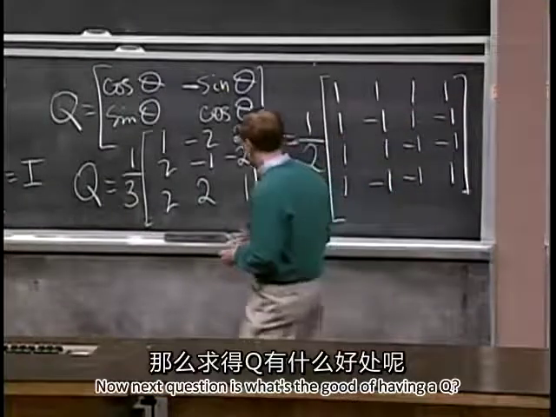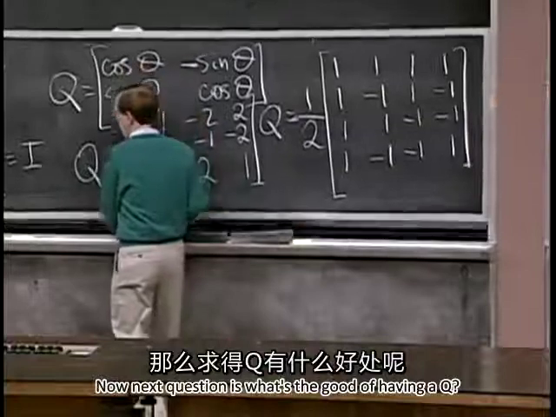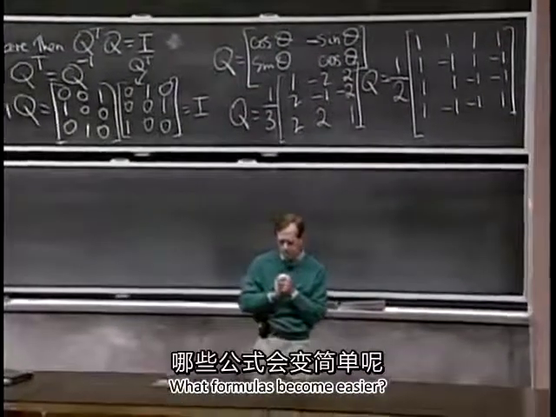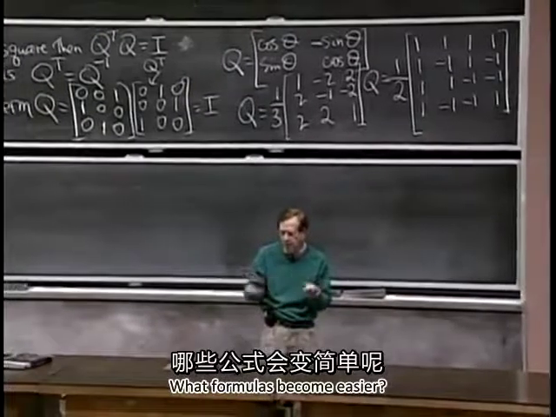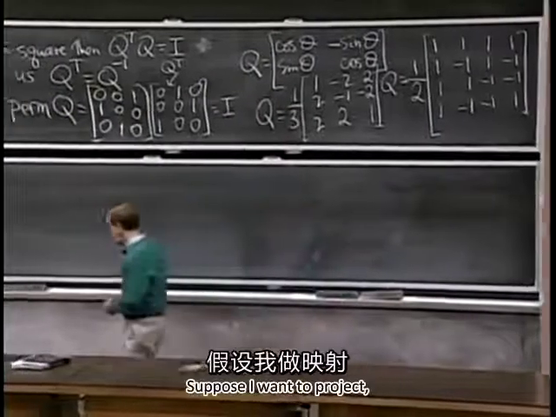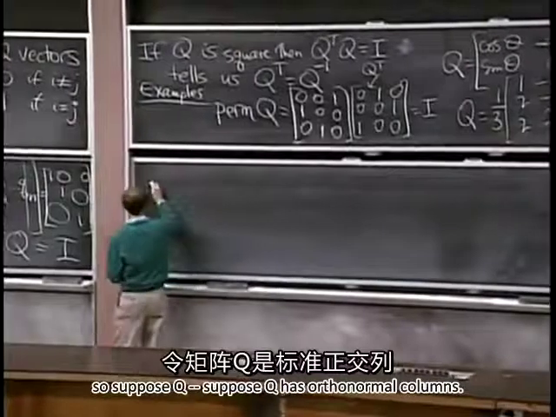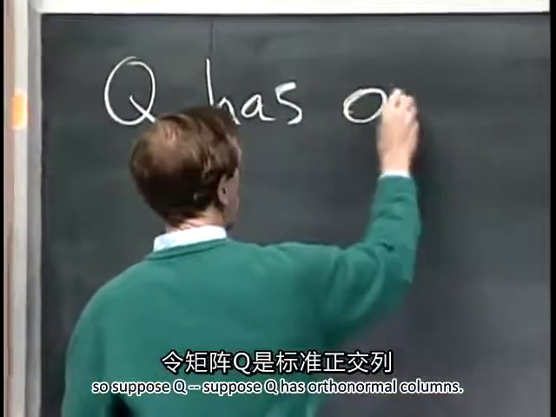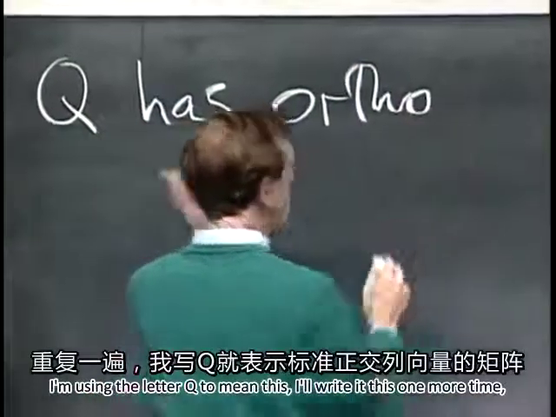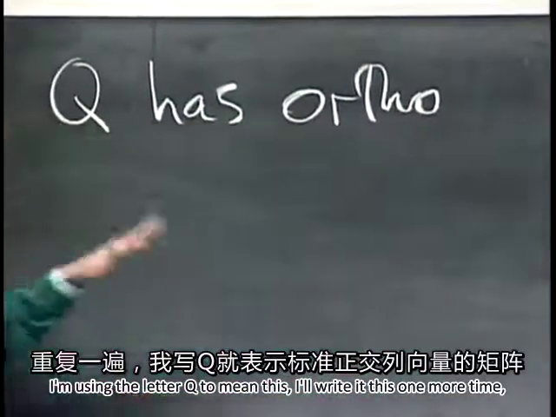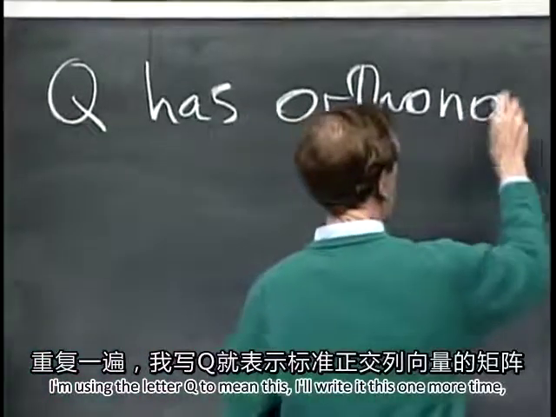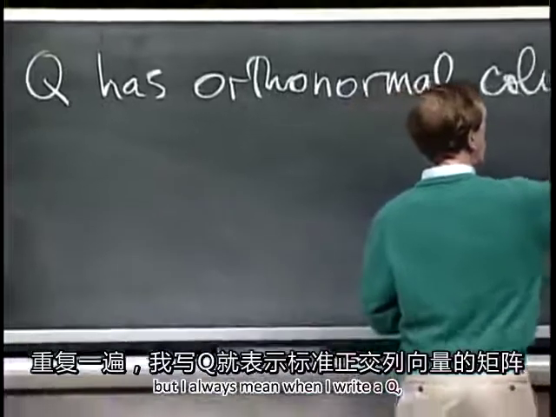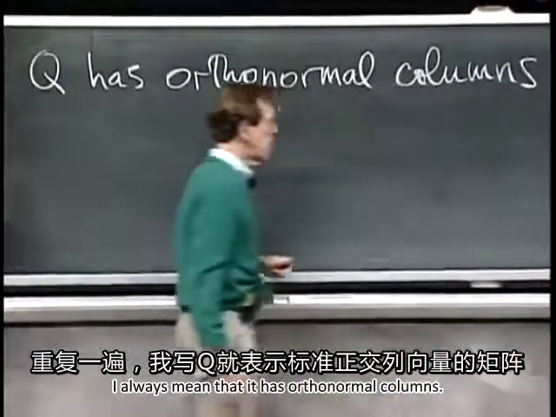Okay, great. Now, next question is, what's the good of having a Q? What formulas become easier? Suppose I want to project. So suppose Q has orthonormal columns. I'm using the letter Q to mean this. I'll write it one more time, but whenever I write a Q, I always mean that it has orthonormal columns.